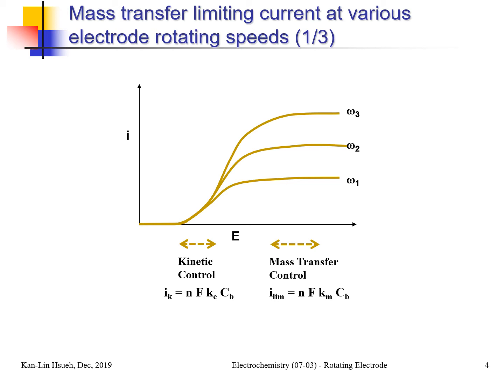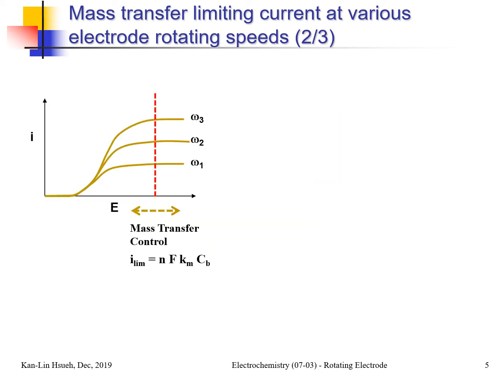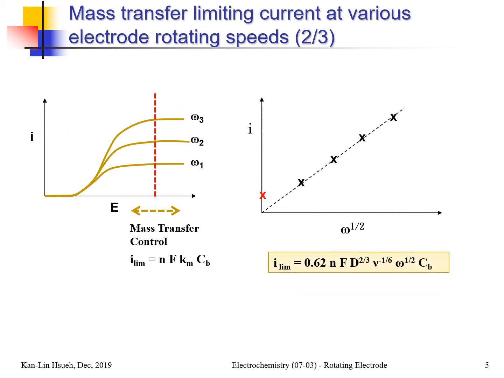So when you scan the electrode potential linearly in this direction, it will move from the kinetic control into the mass transfer control region. If you pick a given voltage in the mass transfer control region and plot the current as a function of electrode rotating speed, you might end up with a linear plot like this, because the limiting current depends on the square root of rotating speed.